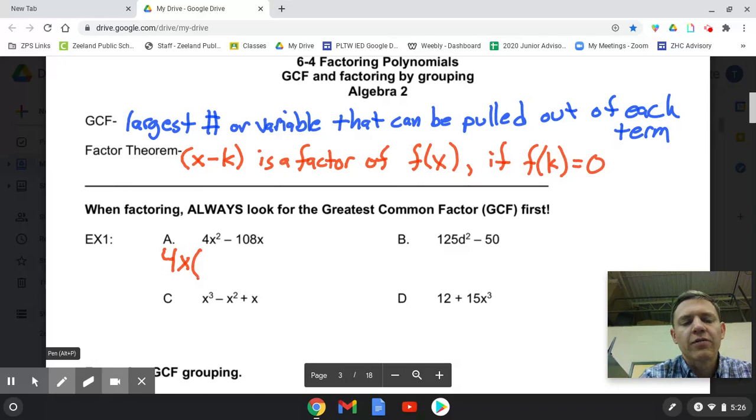If I take a 4x out of 4x squared, well, the 4 is gone, so there's no numbers left. If I take x out of x squared, I'm left with just an x. Minus, if I take 4 out of 108, well, 108 divided by 4 is 27. You can use a calculator for that. That's what I did. So 4 times 27 is 108. If I take a 4 out of 108, I'm left with 27.